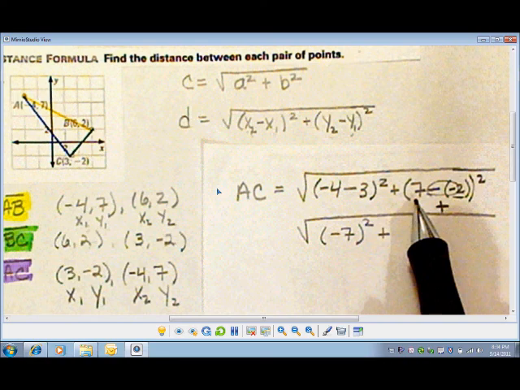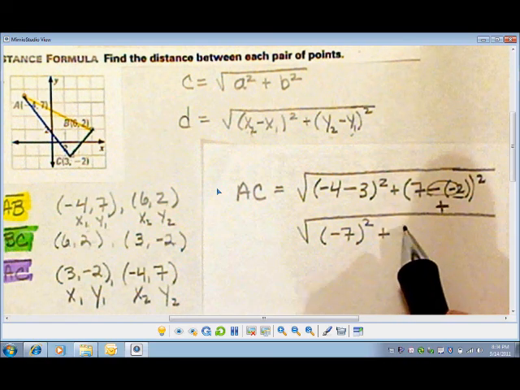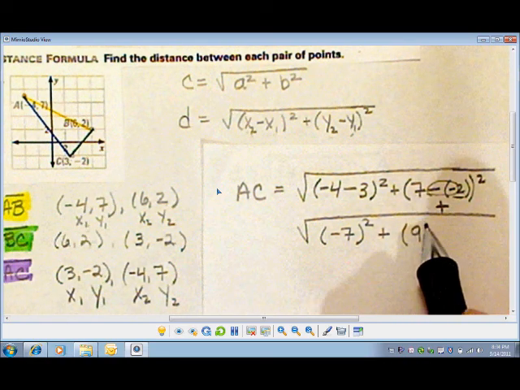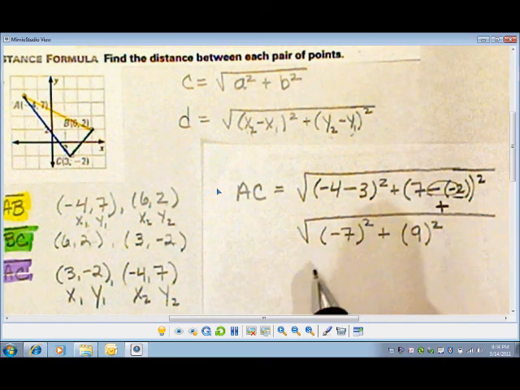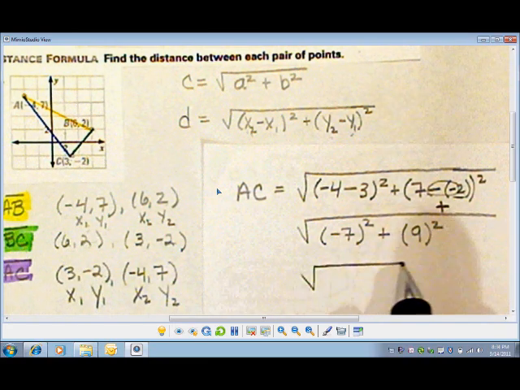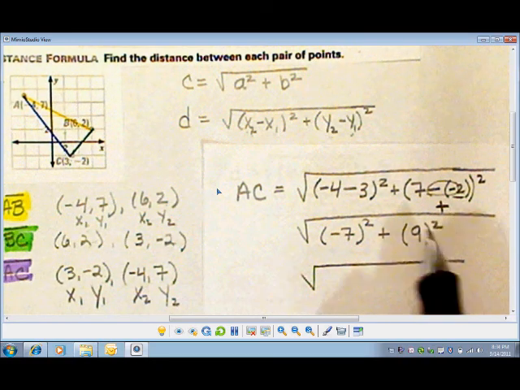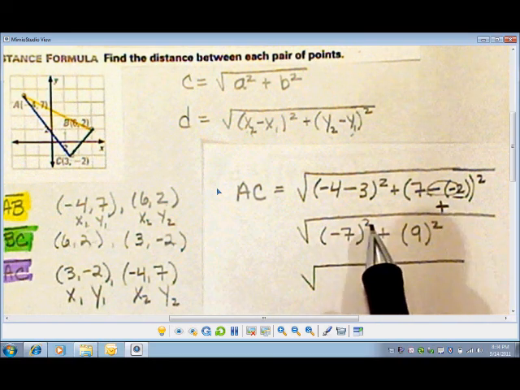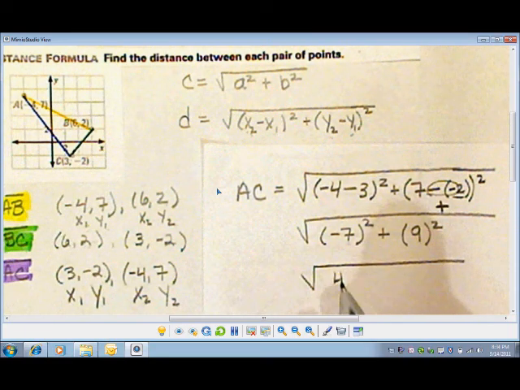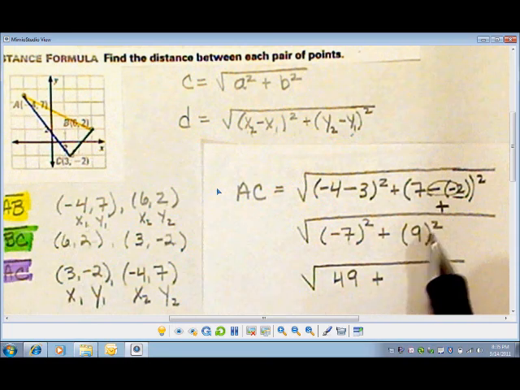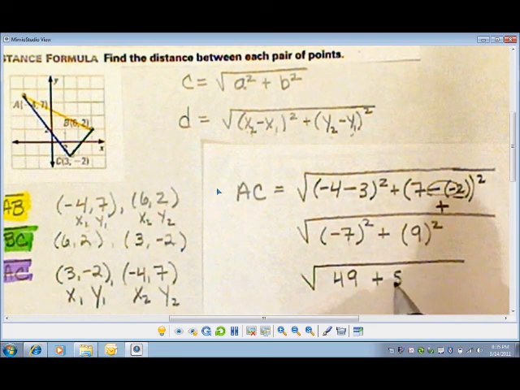So 7 plus 2 is 9, and that's all squared. -7 squared is -7 times -7, which is 49. 9 squared is 9 times 9, which is 81.